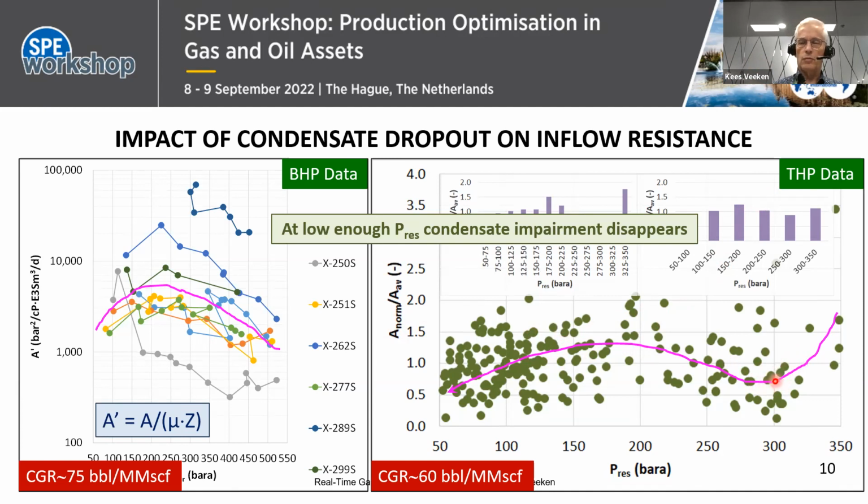Then as you go below dew point, inflow resistance goes up, but as you go low enough, it improves again. That's quite an interesting finding, because usually people assume that condensate dropout is there to stay forever, but it's quite evident that it is not.